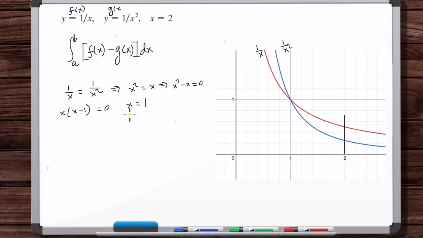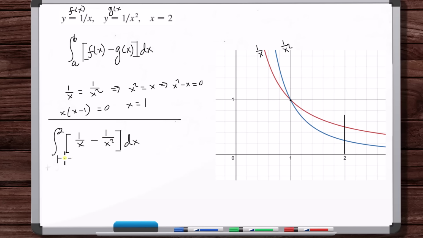Not x is equal to 0 because that's outside of the domain. That's like an extraneous solution, right? You say, oh, they meet at x is equal to 0. Well, no, they don't exist at x is equal to 0. So there you go. x is equal to 1 is this point. So we want to find the definite integral from 1 to 2 of f of x minus g of x.